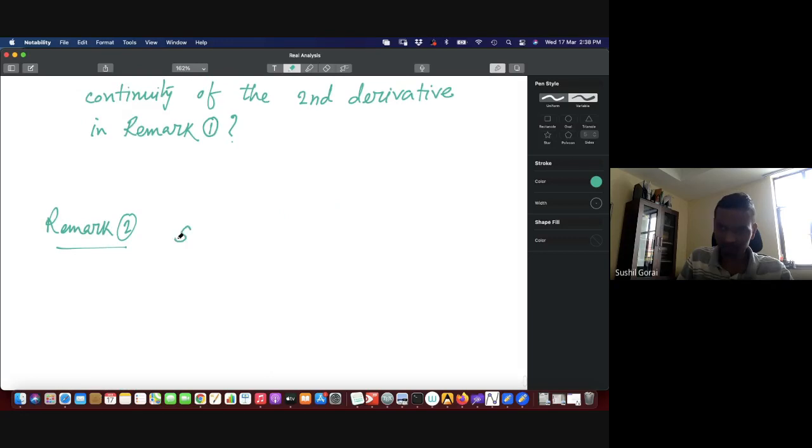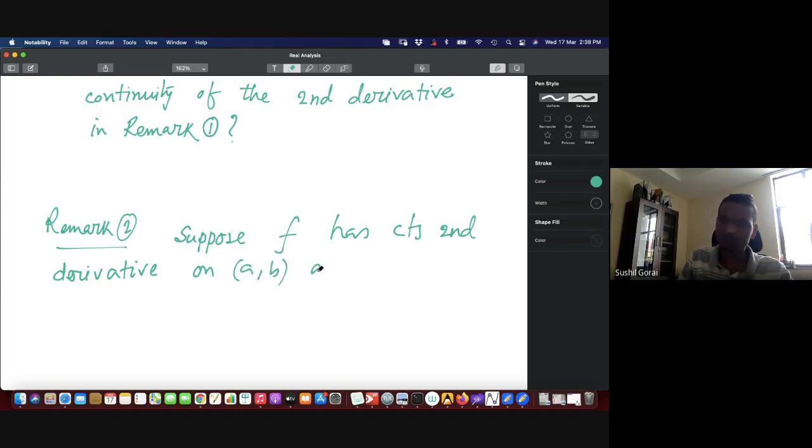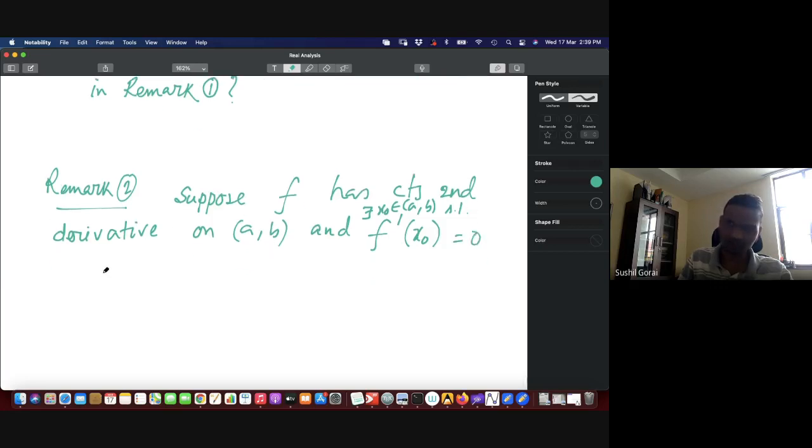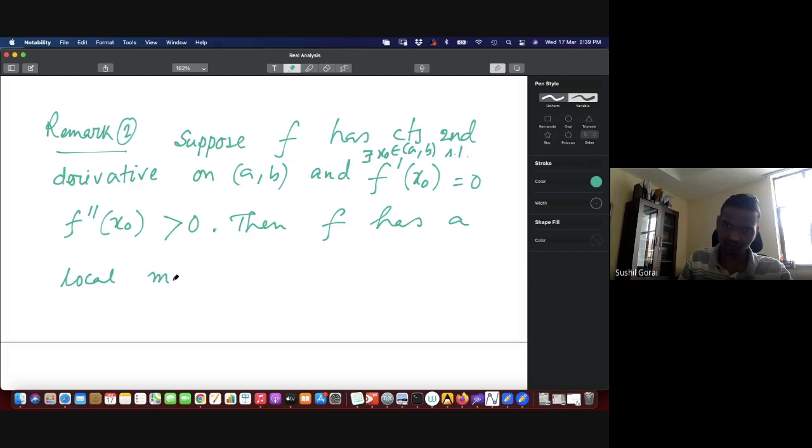Suppose f has continuous second derivative on (a, b), and there exists x naught in (a, b) such that f prime x naught is 0, f double prime x naught is greater than 0, then f has a local minimum at x equal to x naught.